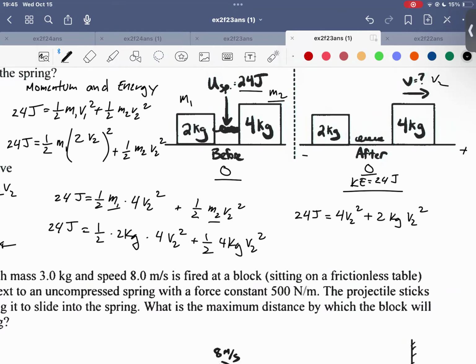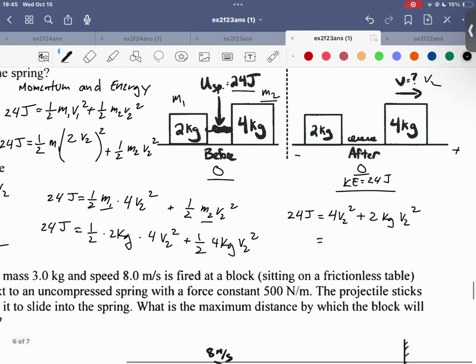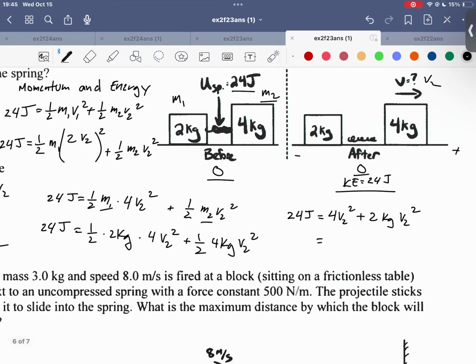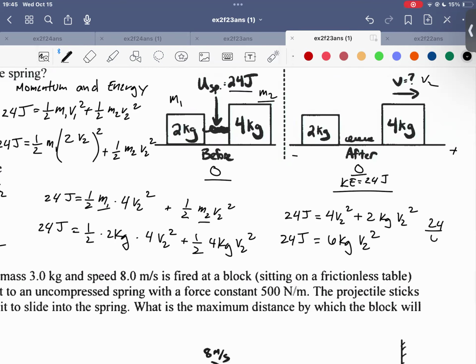This is okay. And then we can just add these together and we're left with this 6 kg v2 squared, 24 joules. And 24 divided by 6, obviously, is 4.